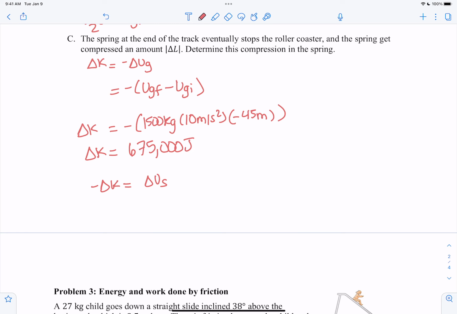Because the decrease that you see for your kinetic energy should be equal to the increase that you see for your spring potential, right?